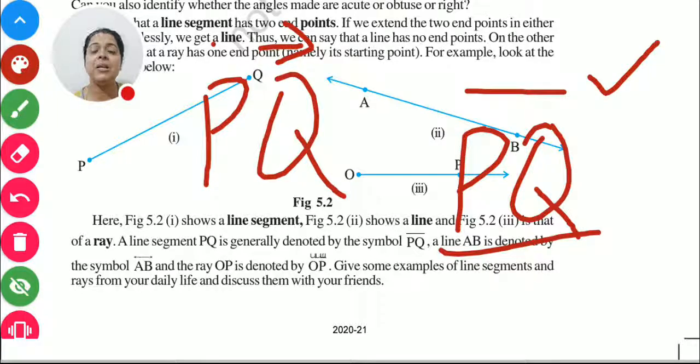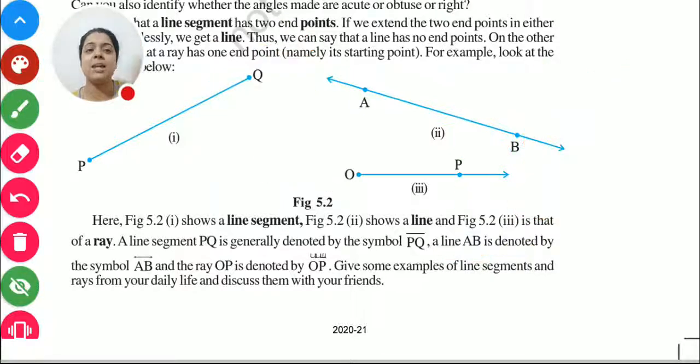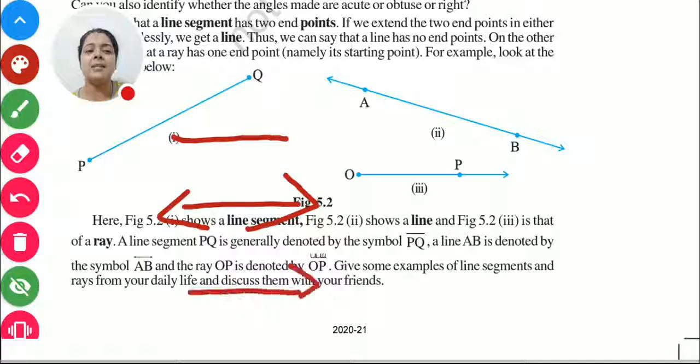So in that case, what to do? You have to put an arrow mark on both sides to show that it's exactly a line. So here you can understand, this is a line segment, this is a line, and this is a ray. So you can easily understand exactly what I'm talking about, right?